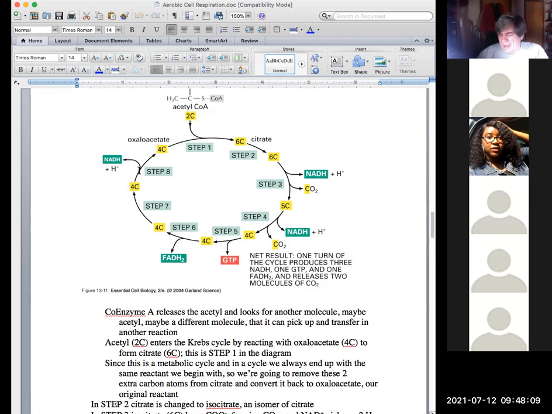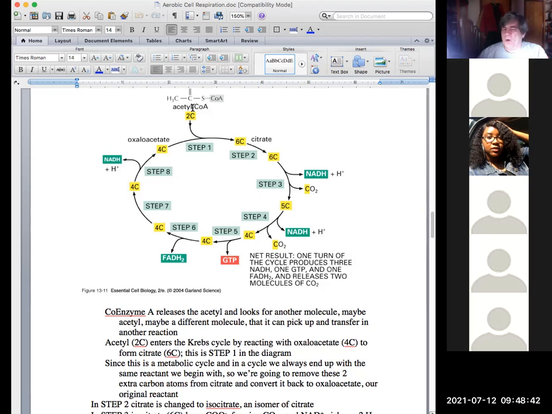In the last step, when we convert our 4-carbon compound back to oxaloacetate, we again lose some hydrogens that are picked up by NADH. So notice we have 3 different places where we pick up NADH. We have one place where we make or pick up an FADH2, and we have one place where we're going to make GTP that eventually becomes ATP.